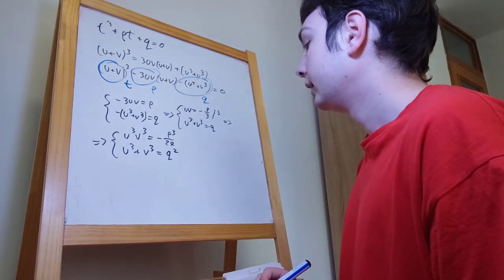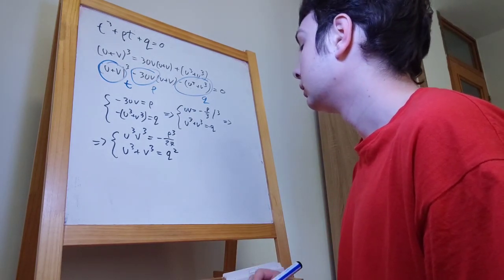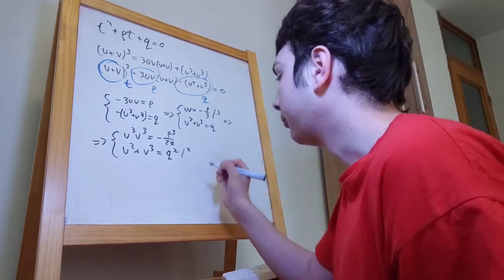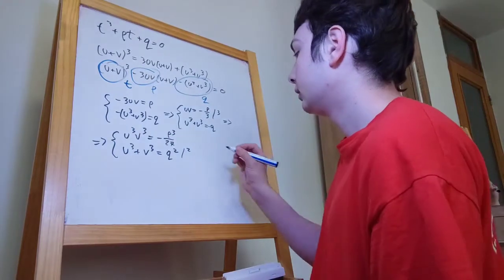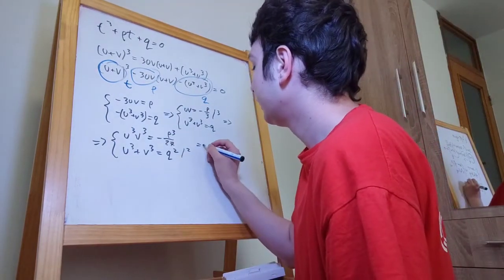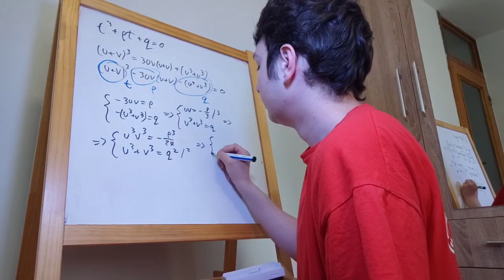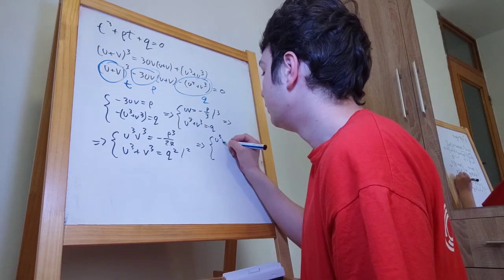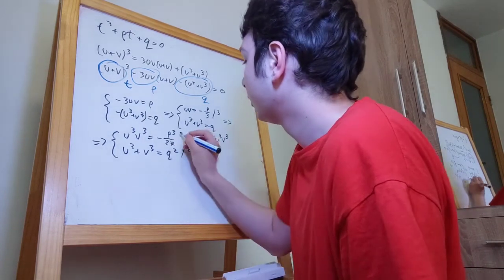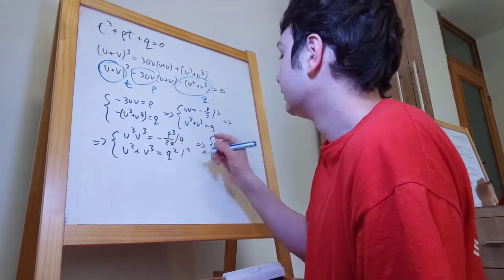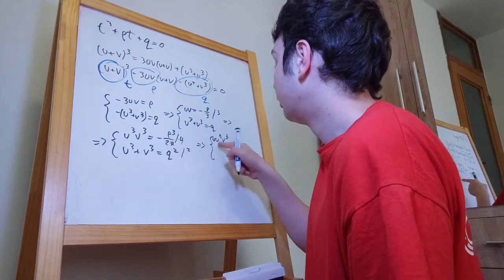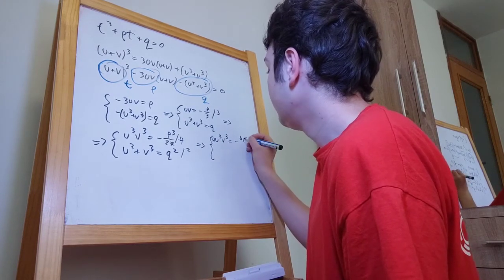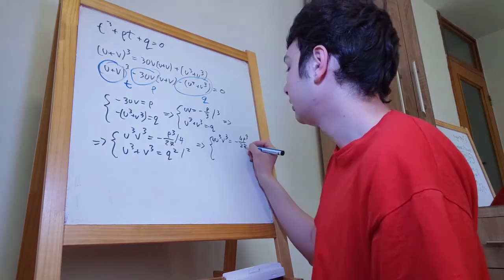Alright, now what we can do is square this equation, and then we get u cubed v cubed. Actually, we can multiply this by 4, so you'll see why in a minute. 4u cubed v cubed is equal to minus 4p cubed over 27.